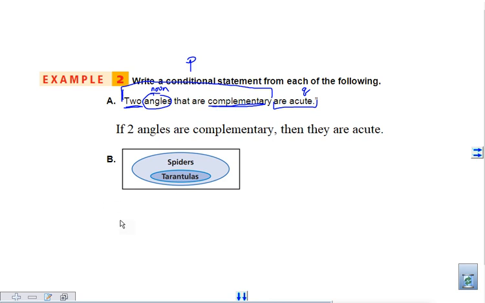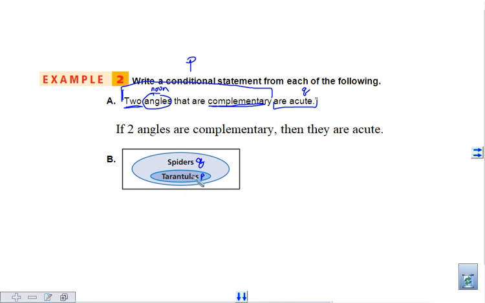And our next one, we have a Venn diagram. Remember that the smaller circle, or oval in this case, is our hypothesis, and the larger oval is our conclusion. Then we need to figure out what in general we're talking about.